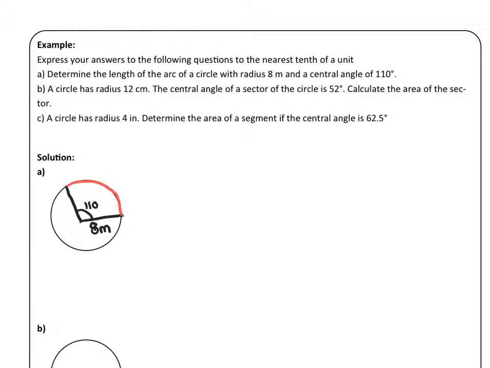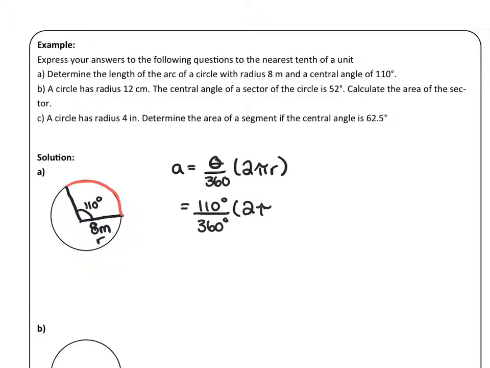We can use our formula for the length of an arc, which was theta over 360 times 2 pi r. We know that r is 8 meters and theta is 110, so I'm going to put those in: 110 over 360 times 2 times pi times 8.